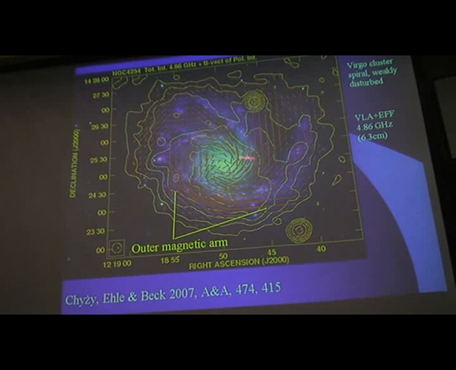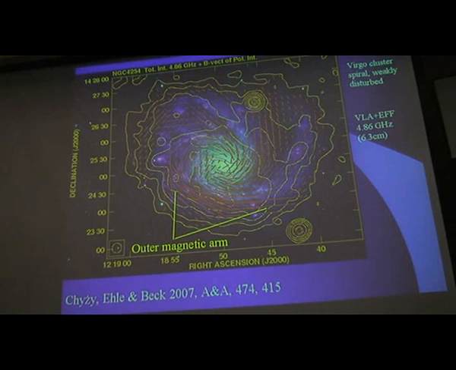The magnetic field vectors always keep the orientation of the nearby density wave. So you can see that the pitch angle of the magnetic vectors changes over the galaxy and is nearly zero in the south and more than 40 degrees in the north.